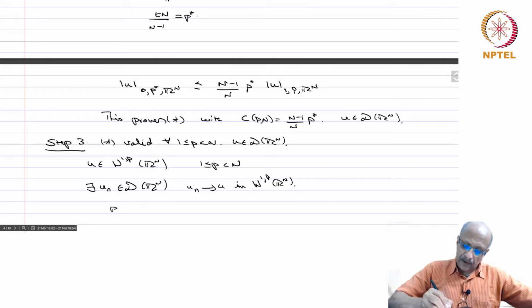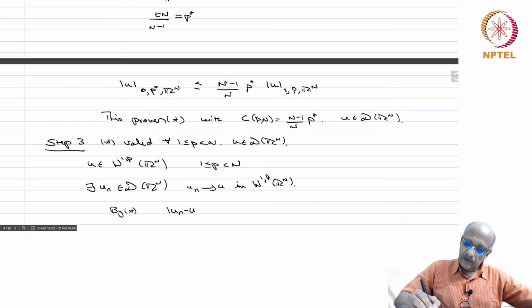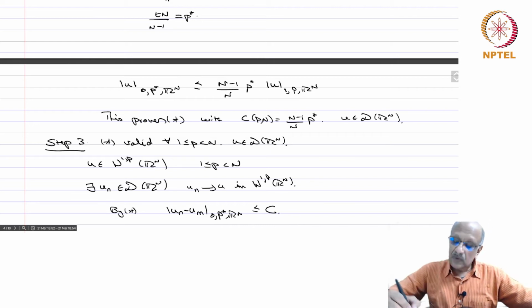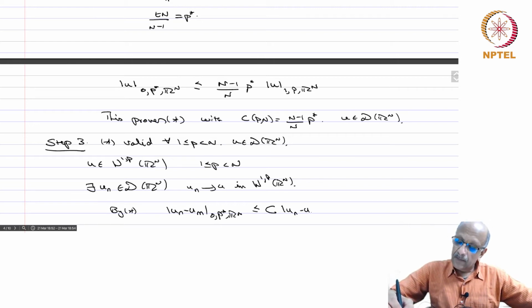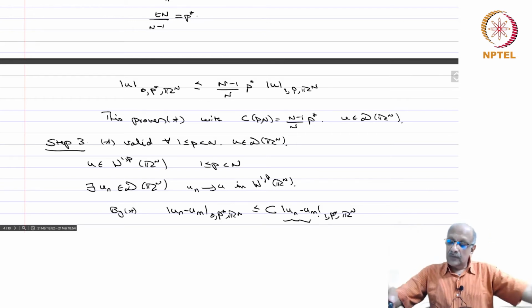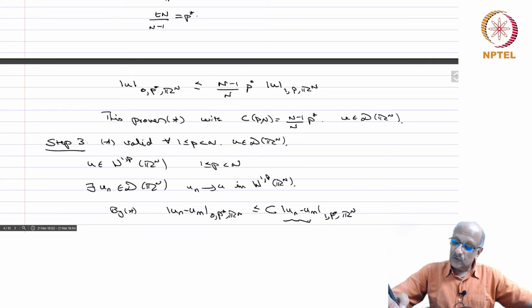So by star, what do you get? The norm of u_n minus u_m in L^{p*}(R^n) is less than or equal to C times the norm of u_n minus u_m in W^{1,p}(R^n), and this goes to 0 because u_n converges to u. So this is Cauchy and therefore this is also Cauchy.